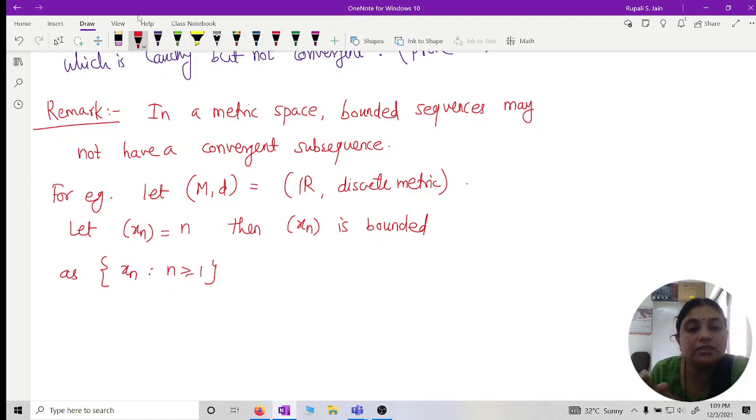If I want to say this is bounded, I want to show the set {xn : n greater than or equal to 1} is contained in some open ball. Then I can say it is bounded. So which ball shall I take here? Can you give me a ball? Is B(0, 2) okay?